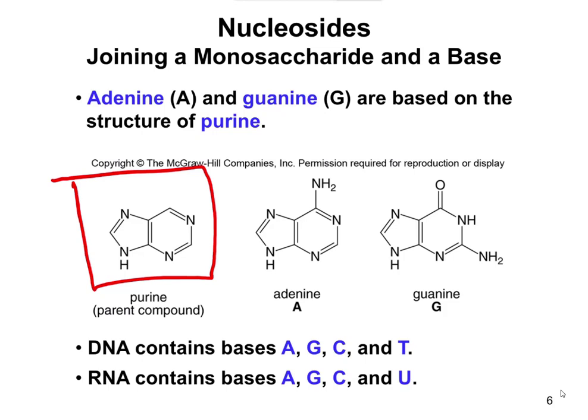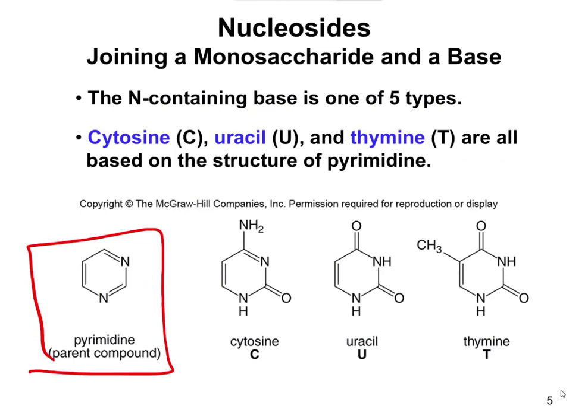So I'm going to go back to the previous slide here, and basically, this one here is uracil. This is the one that's going to be found in RNA, and thymine over here is going to be found in DNA. So there's an extra methyl group here on the one that's found in DNA.